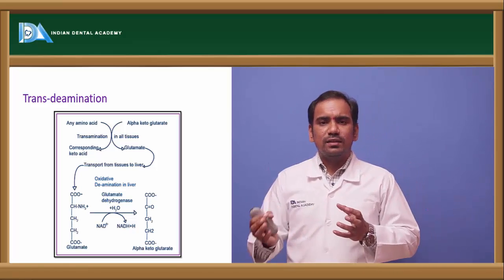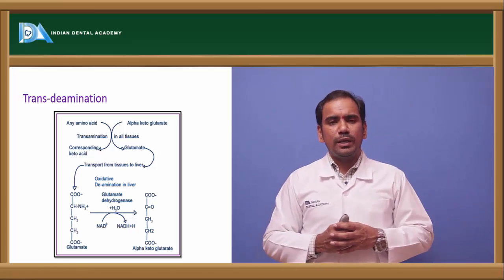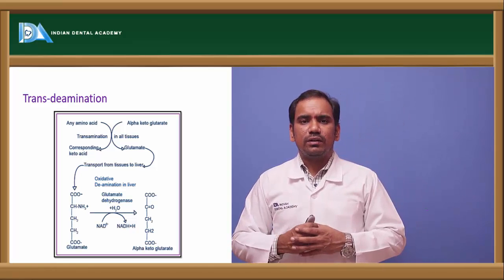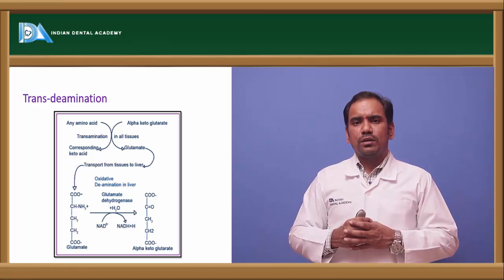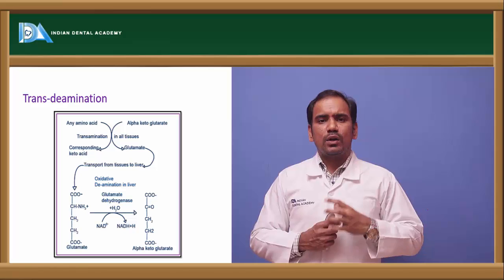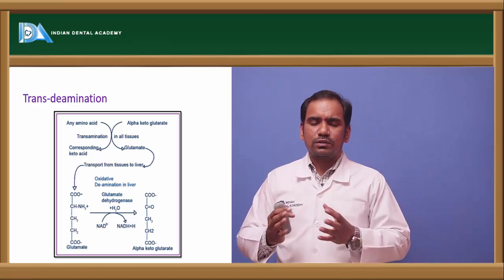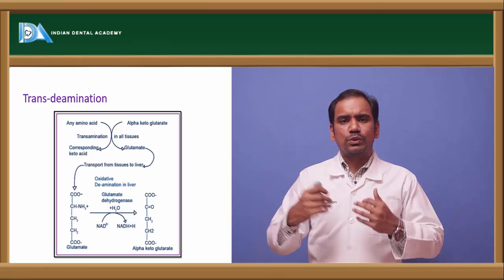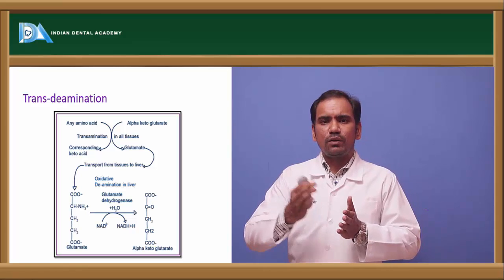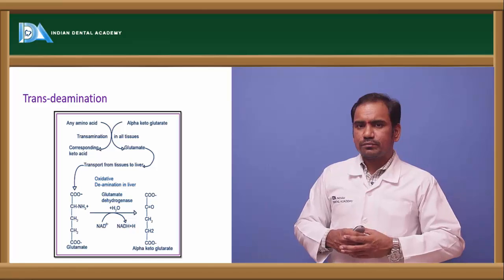Glutamic acid reacts with amino group and forms glutamine, and that glutamine from the brain reaches the liver. So the form in which amino group is transported from the brain to the liver is glutamine, and from other tissues to the liver is glutamate. The concentration of glutamine and glutamate is more in the blood when compared to other amino acids.